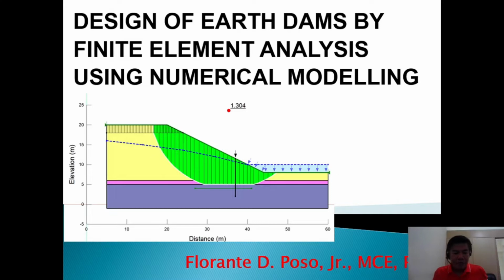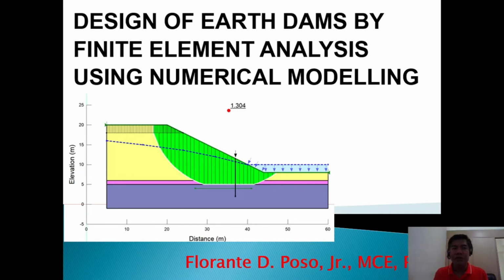So with the current scenario in the construction industry, if you're going to do the design analysis, it is not most likely that you will just be using the hands-on or the manual calculation. Of course, we do that also.